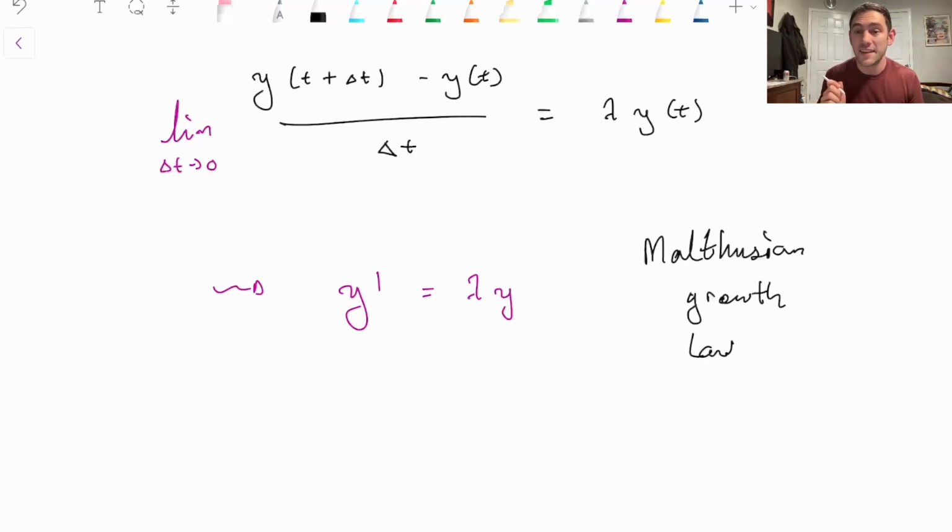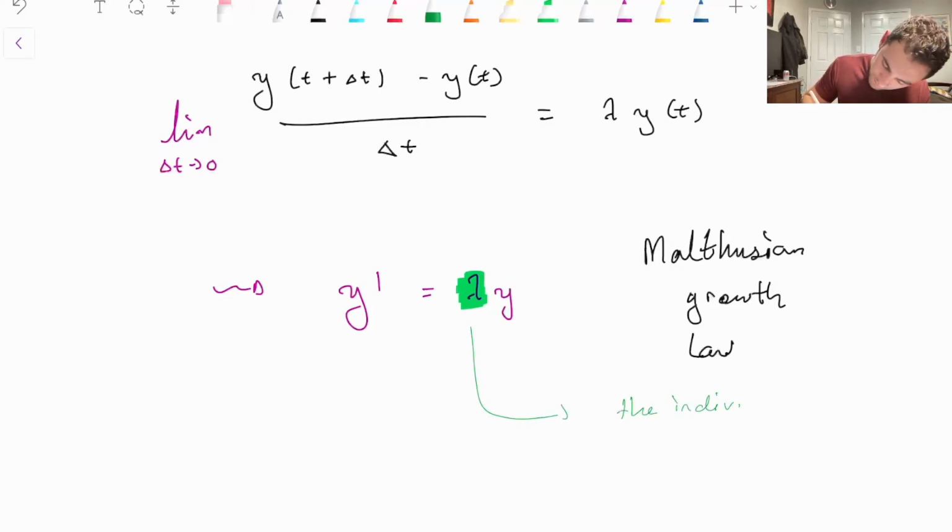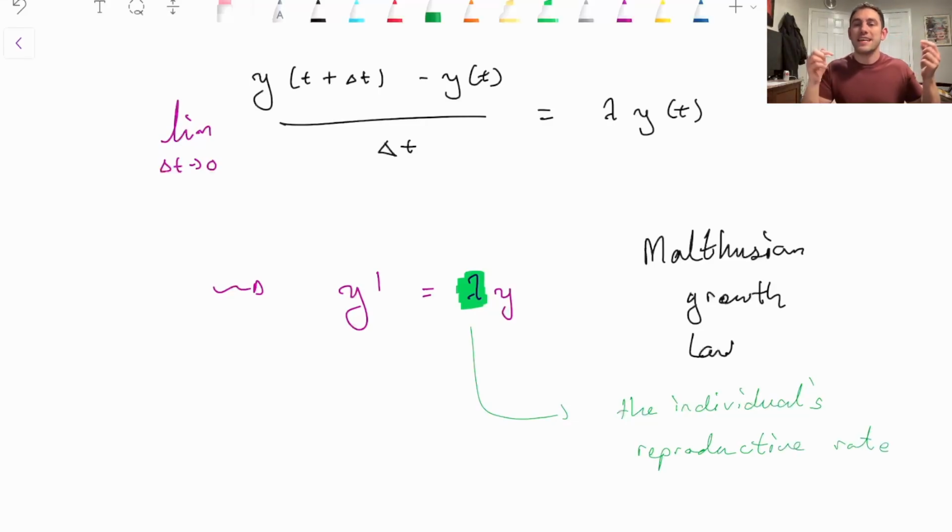That when I have individuals who are independently dividing at a per capita growth rate lambda, so this is the individual's reproductive rate. The number lambda here is the number of individual reproductive events that one member of the population will experience per unit time. I get y prime equals lambda y.